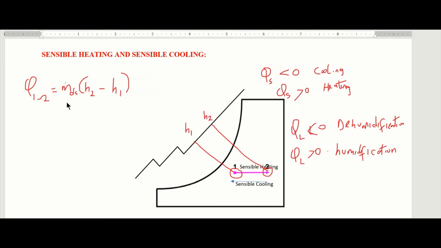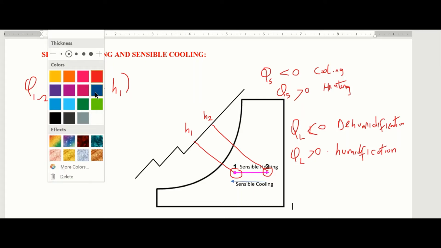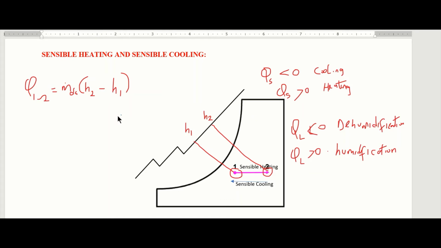Now, to find our mass flow rate, we can use the formula which states that the mass flow rate of dry air is equal to cubic meters per minute times 60, divided by the specific volume at state 1.